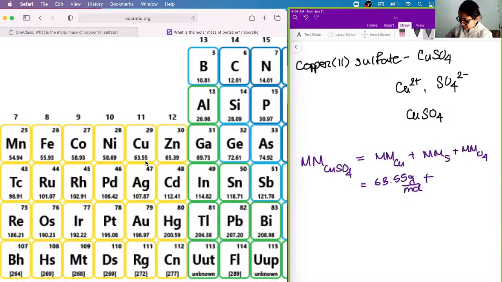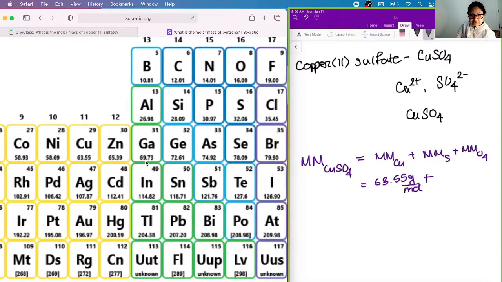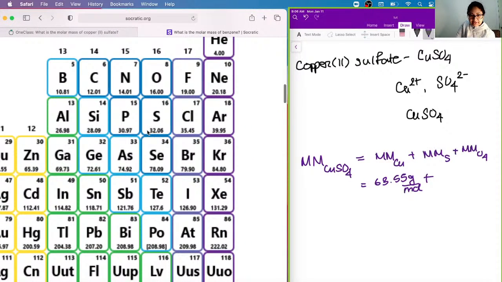And so now let's switch over to sulfur. Sulfur is group 6 and it has a molar mass of 32.06 grams per mole. Okay, so now let's do oxygen.